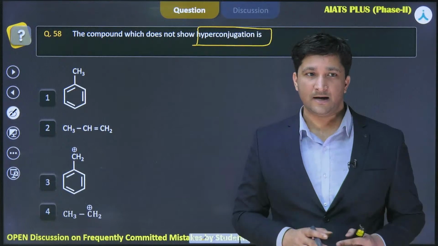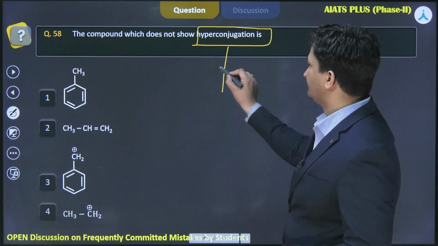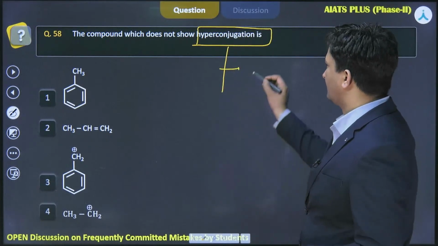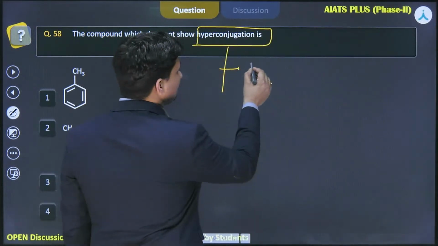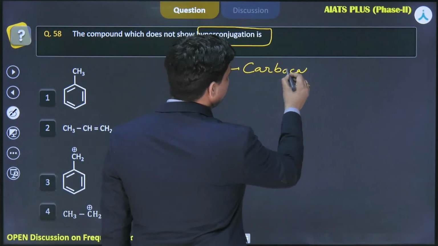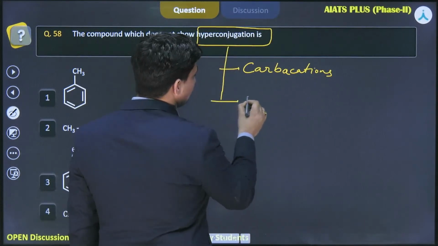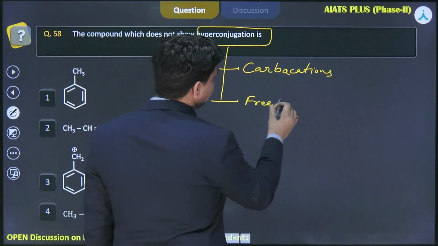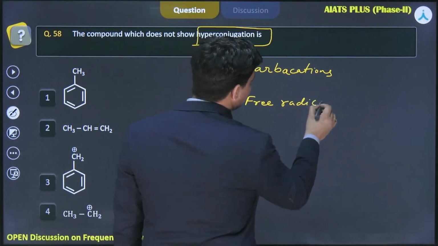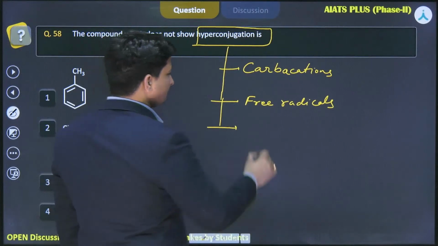On what type of molecules is it applicable? Hyperconjugation is applicable on carbocations, free radicals, and then alkenes.